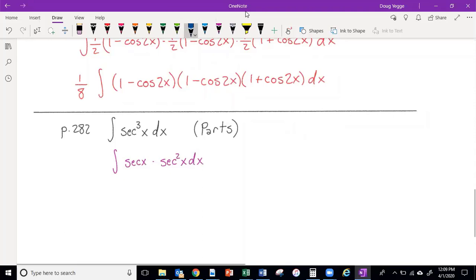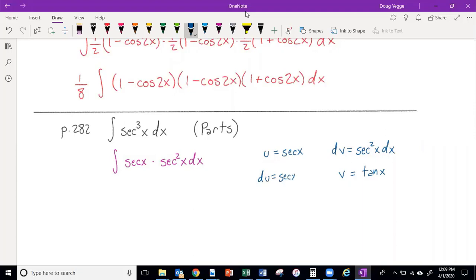Secant squared x, definitely, which is why I'm going to let u equal secant x, dv equals secant squared x dx, because what is the integral of secant squared x dx? Tangent x. And then the derivative of secant x is secant x tan x. And then you could go from there.